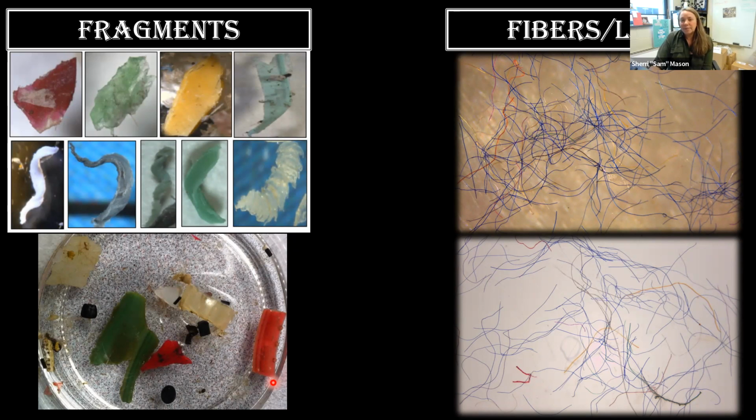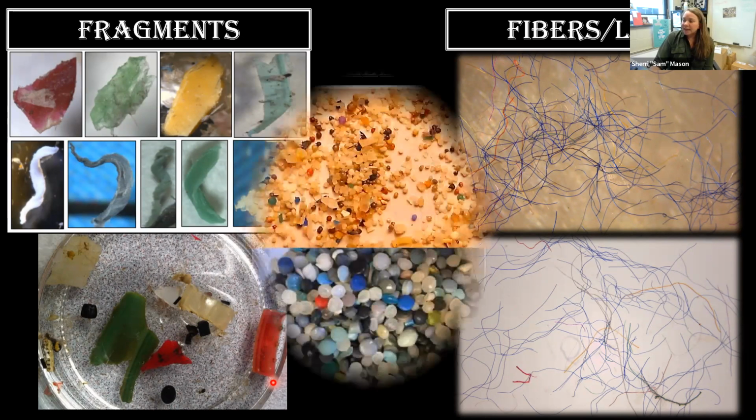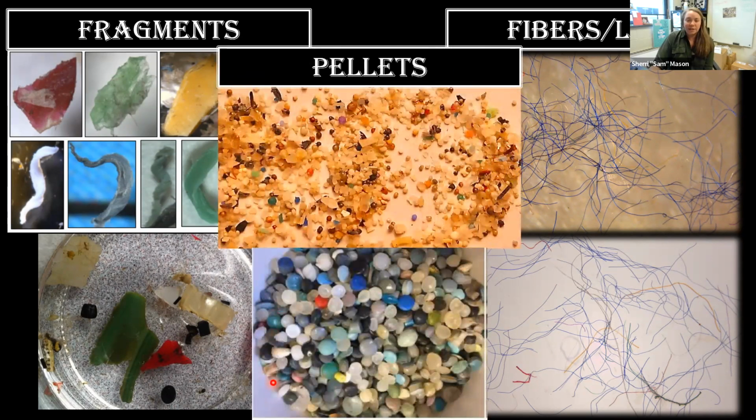So certain environmental samples, you'll find fibers more preferentially as compared to other morphologies. In the lower Great Lakes, Lake Erie and Lake Superior, second to fragments are actually the pellets. So either these pre-production plastic pellets, or nurdles, or those microbeads coming from personal care products.